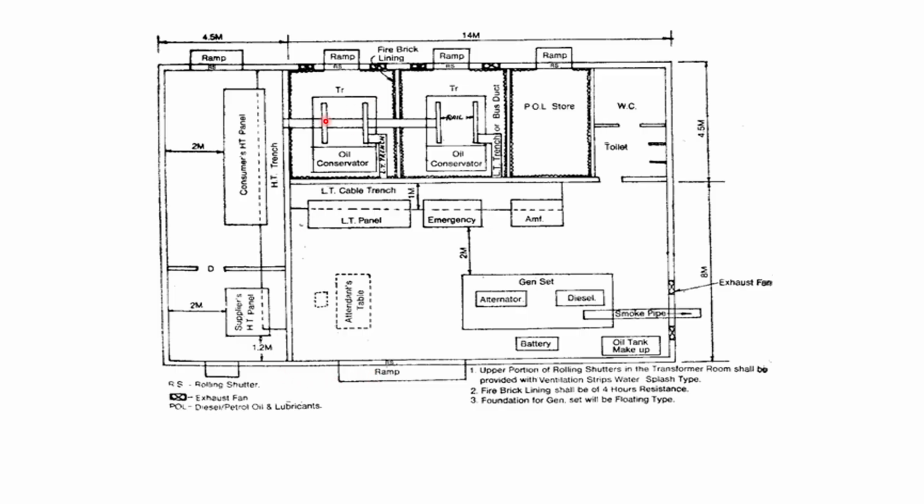Now, the secondary side of the substation contains medium voltage supply, which is connected to the LT panel, which is known as the MV panel also. And this LV panel gets supply from the generator as well as through the transformer through the AMF panel.